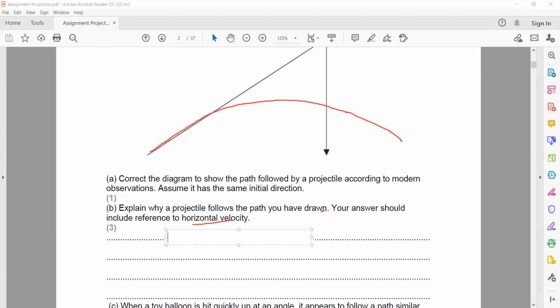So first thing, we assume that air resistance is negligible.